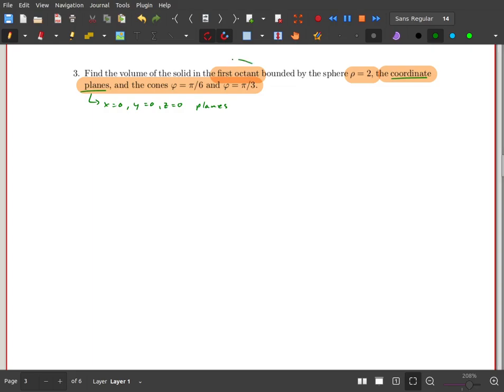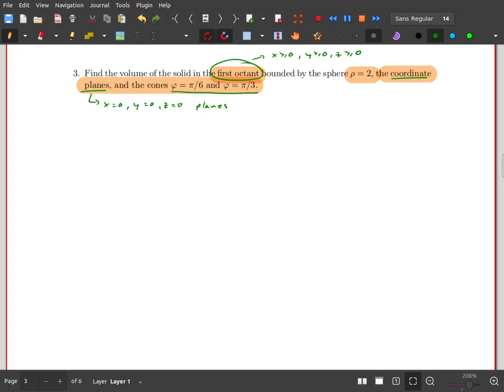The first octant, when you split your Cartesian coordinate system in 3 dimensions, is the one where all the values are positive. So x is greater than or equal to 0, y is greater than or equal to 0, and z is greater than or equal to 0. All 3 of these cases must apply. Then it's also bounded by the sphere, which is straightforward, and the cones.